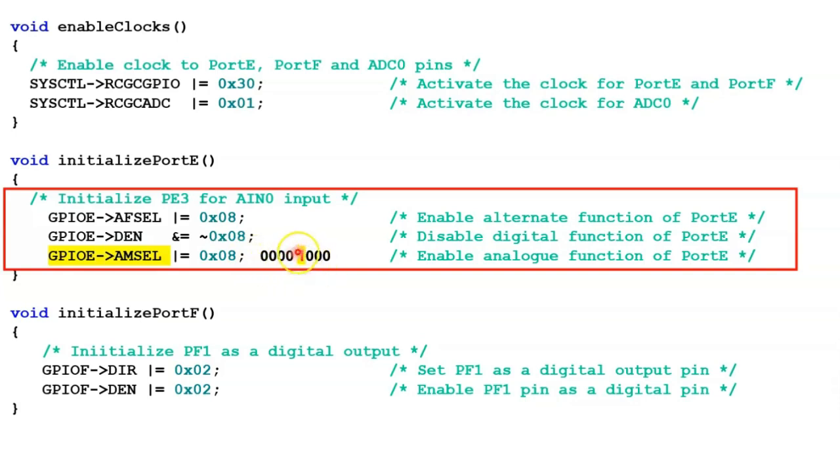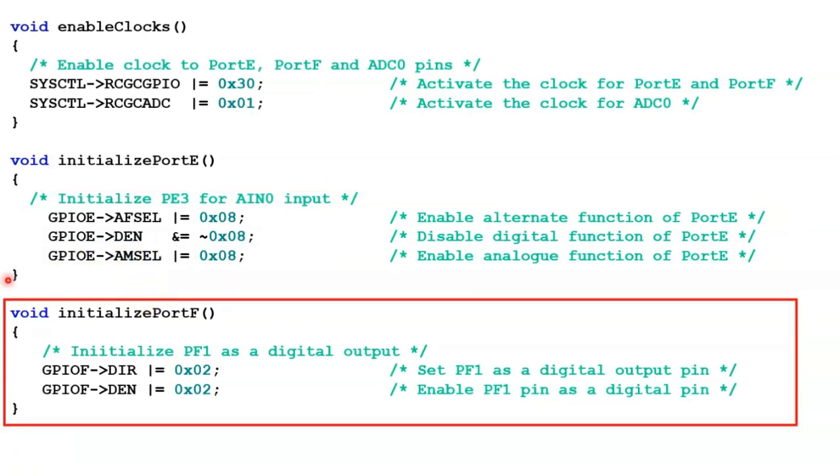So this is 1000 binary, which in hexa is 8, and this is 0 in hexa is 0. Now if we have this and we use the bitwise OR operator, basically we are setting bit 3, which is this bit here, PE3, that will enable the analog mode.